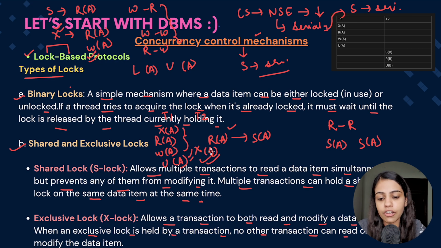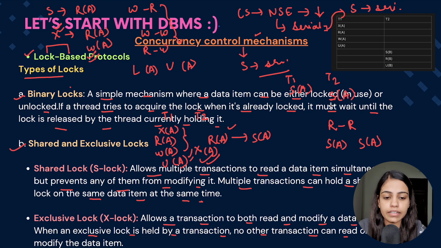So when it is unlocked, we can go ahead and assign the lock. But in shared lock, if transaction T1 has a shared lock on a data item A, in T2 also we can assign a shared lock on data item A, because it is a read operation, so there is no conflict. But here, since write operation is involved, there could be read-write conflicts.